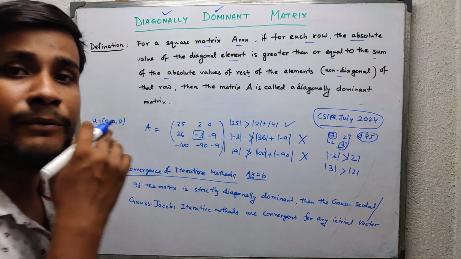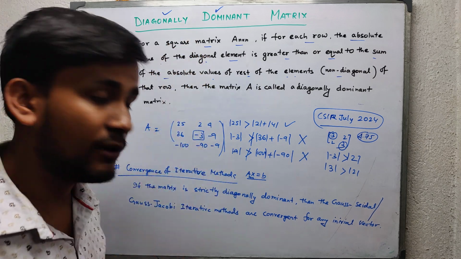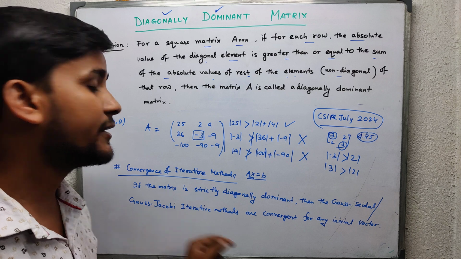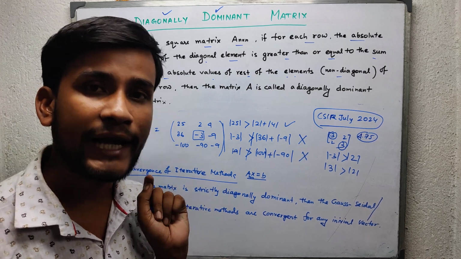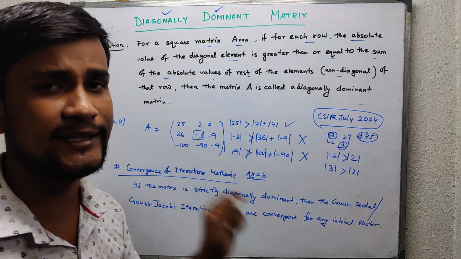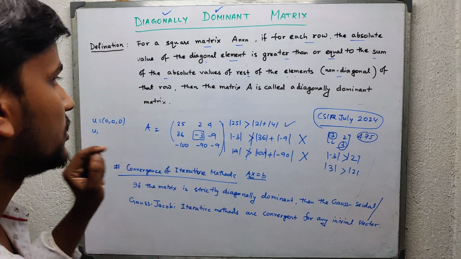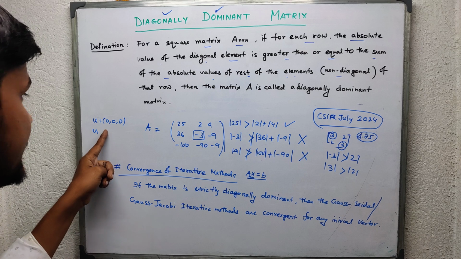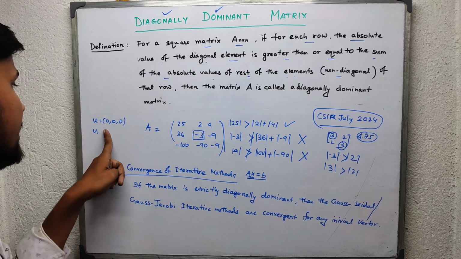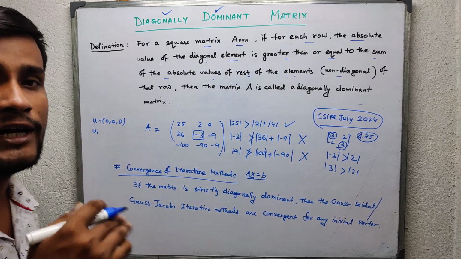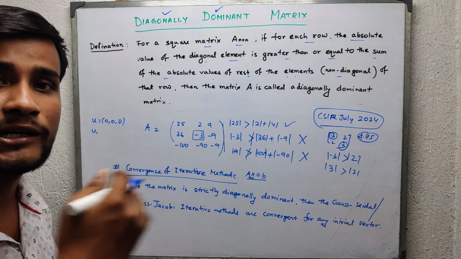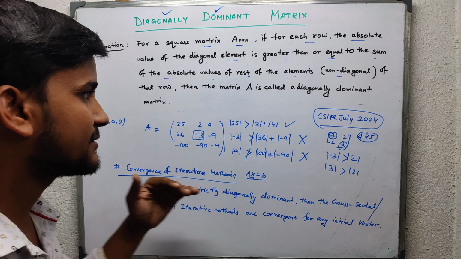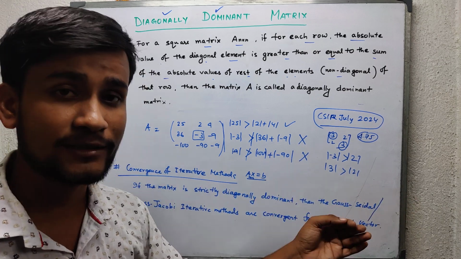So what is the importance of the diagonally dominant matrix? If the matrix is diagonally dominant, then the Gauss Seidel iterative methods are convergent for any arbitrary initial vector. In the GATE exam you will get these types of very common questions. Suppose you have u0, then find the iteration of Gauss Seidel method or Gauss Jacobi method. Suppose among the four options there is the option that the method does not converge.